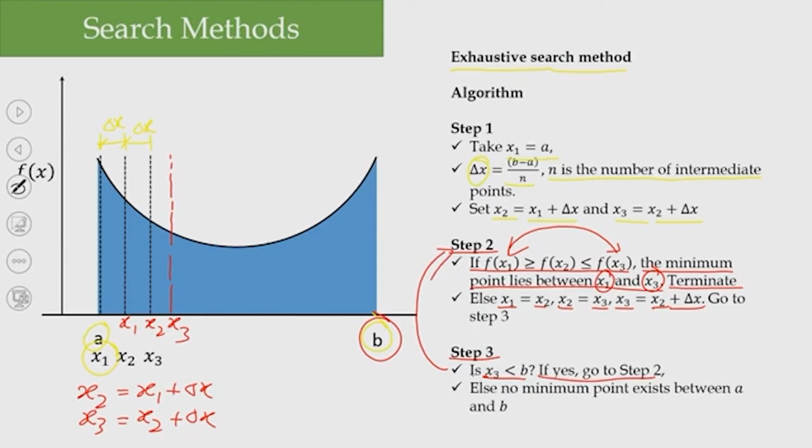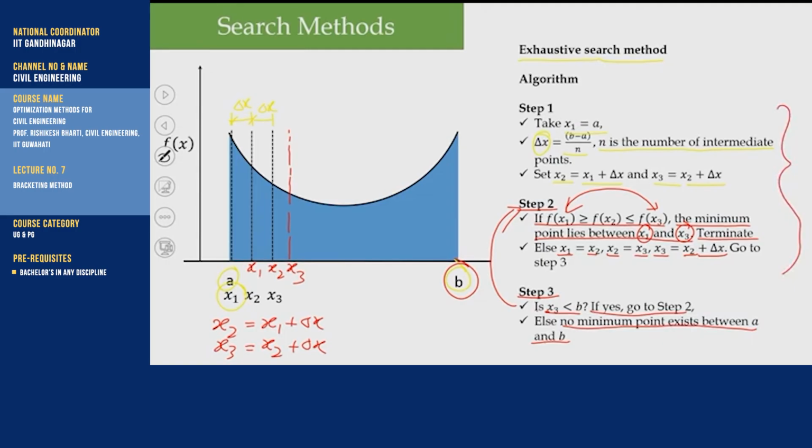If no, that is, x3 is more than b, then no minimum point exists between A and B, so we have to take a different lower bound and upper bound. So this is one algorithm to bracket the optima. Your optima is somewhere here.